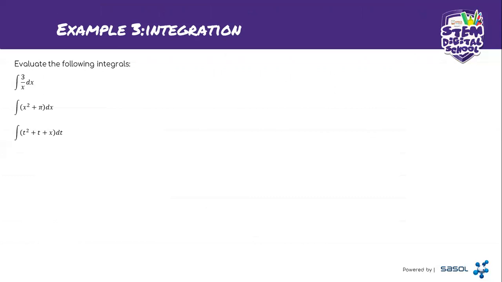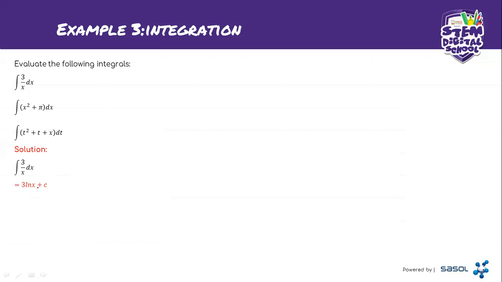Okay, we're still under this. Let's first apply the rules of integration. The first one says the integral of 3 over x. What we have is going to be 3 ln x plus c, all right?